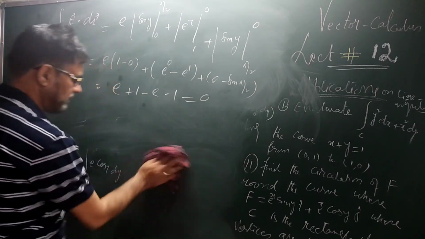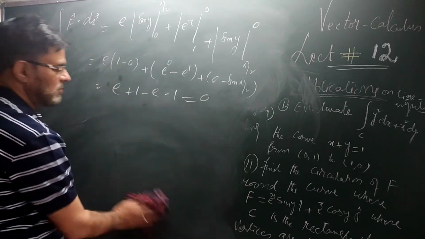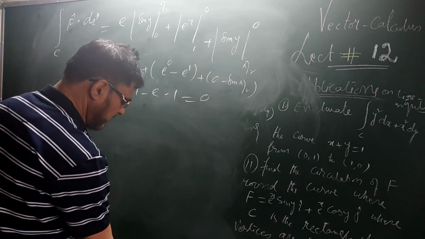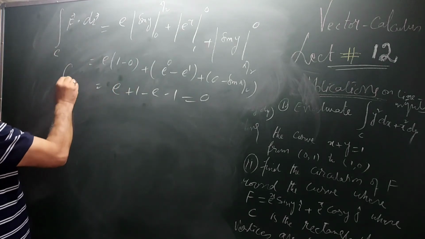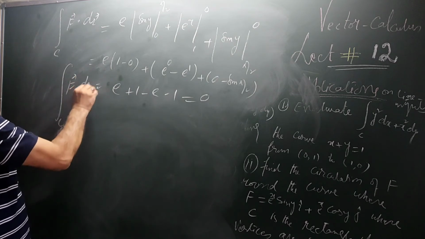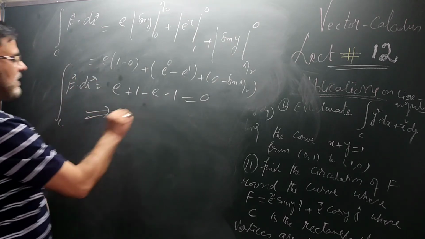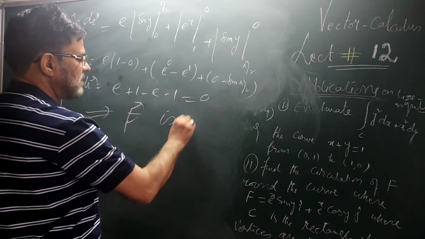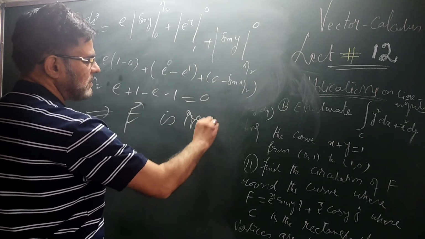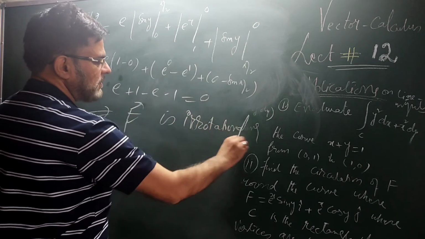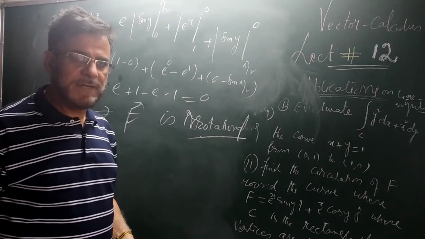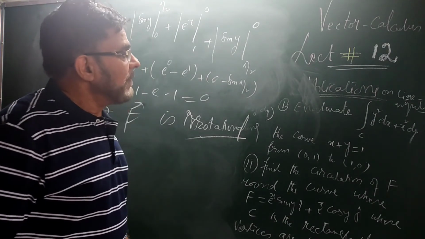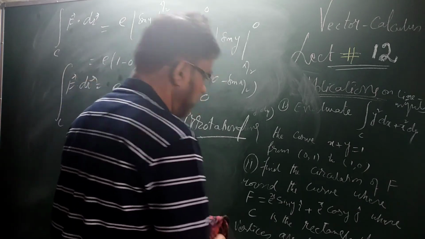What does this mean? This also means that when you have the line integral over C, f dot dr is 0. This implies your f is irrotational. Okay. Well, I will write one more example here.